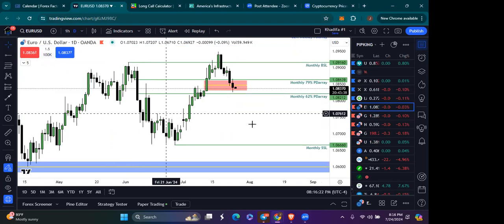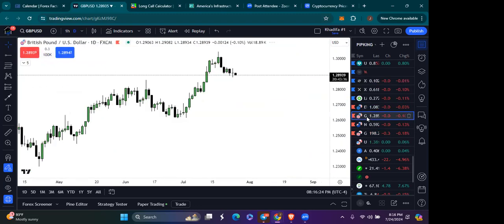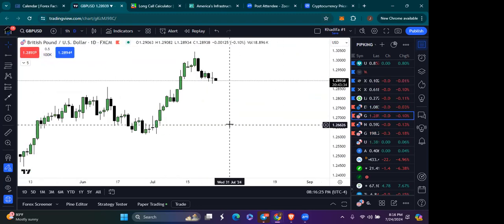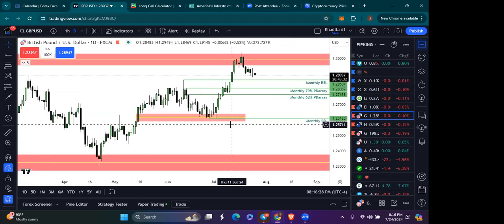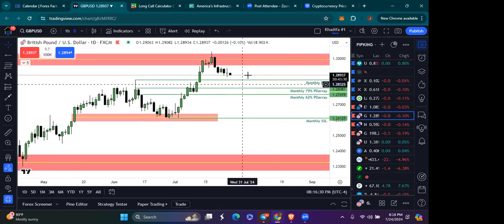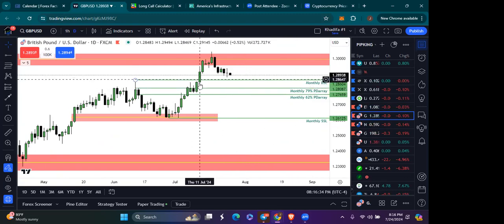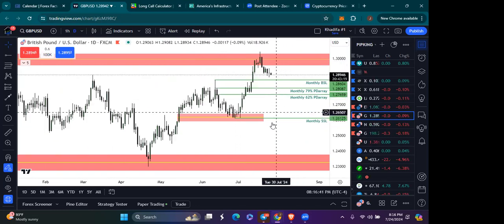Cool beans. Same thing with the pound. I wanted to see us come down and retest this monthly buy side liquidity down inside of this imbalance, this daily fair value gap, and continue higher.